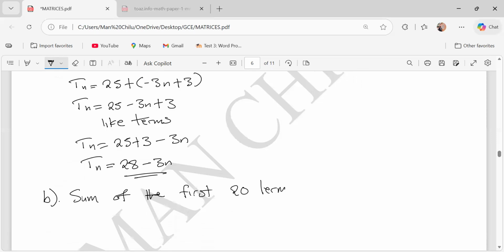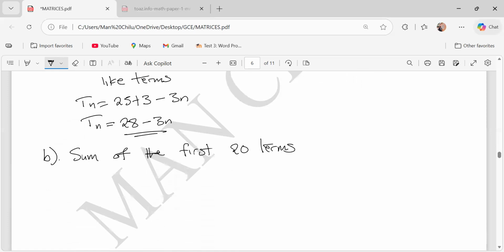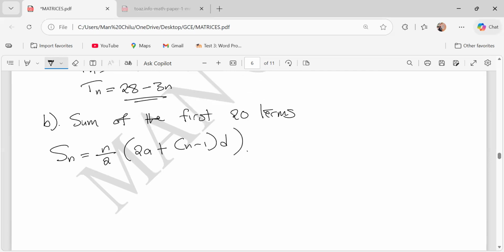The formula is simply Sn is equal to n over 2 multiplied by 2a plus n minus 1 multiplied by d, which is the difference.